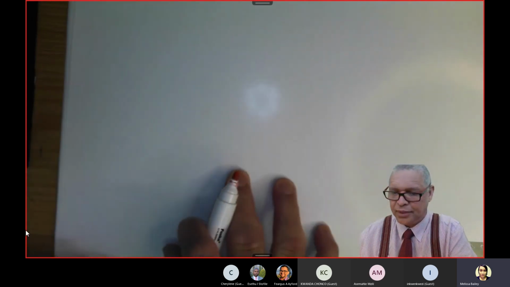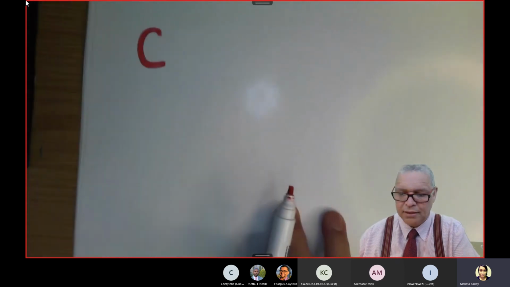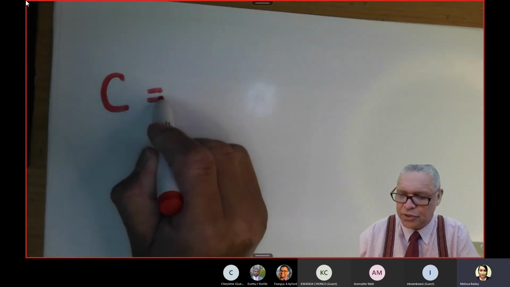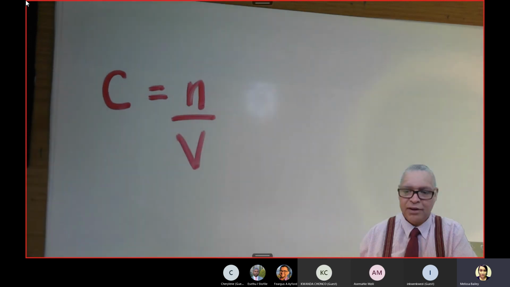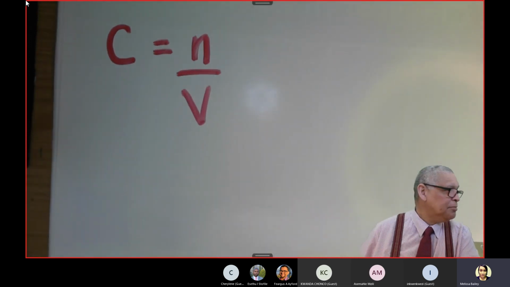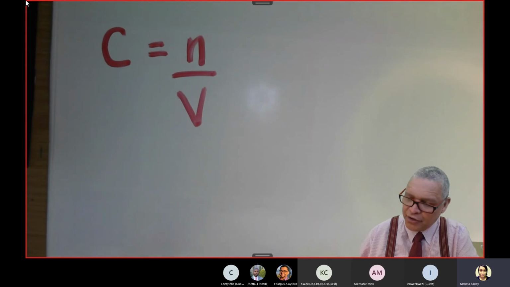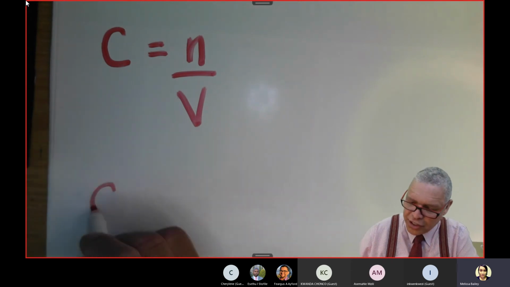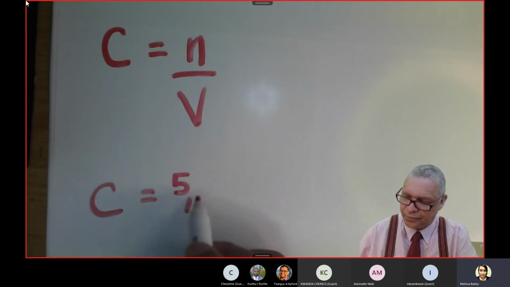There's a formula in chemistry that said to us that the concentration is equal to the number of moles divided by the volume, right? So remember now, the equilibrium number of moles was 5,3. So we need to find the concentration at equilibrium. So that's equal to 5,3.